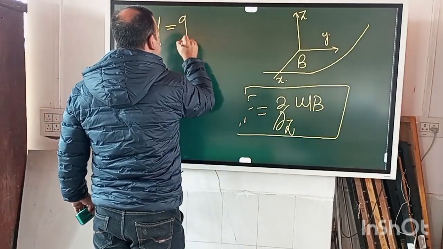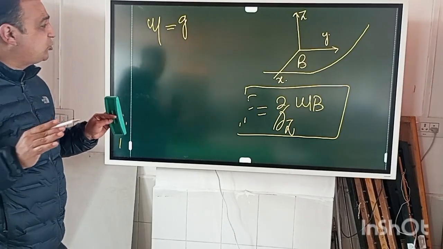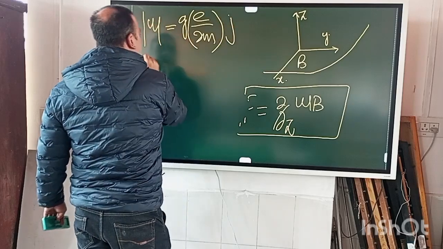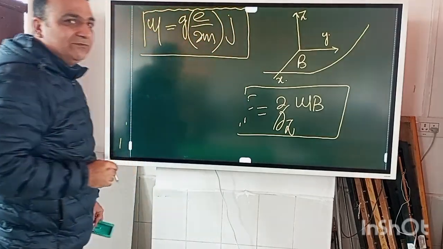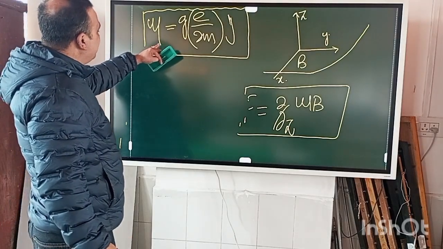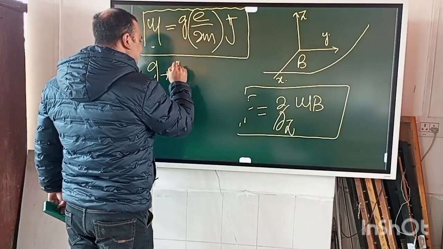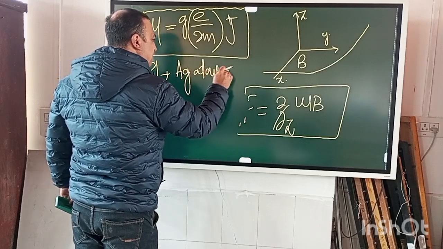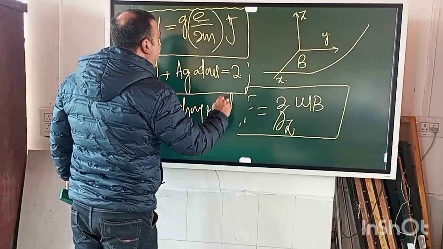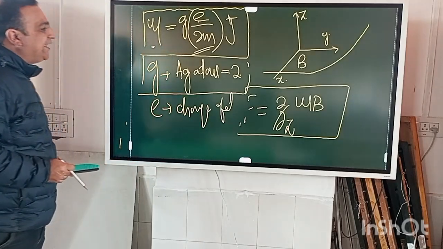It is equal to G times e by 2m times J, where G is called the Landé g splitting factor, and for neutral silver atoms, the value of G is equal to 2. e is the charge of the electron, m is the mass, and J is the total angular momentum quantum number.